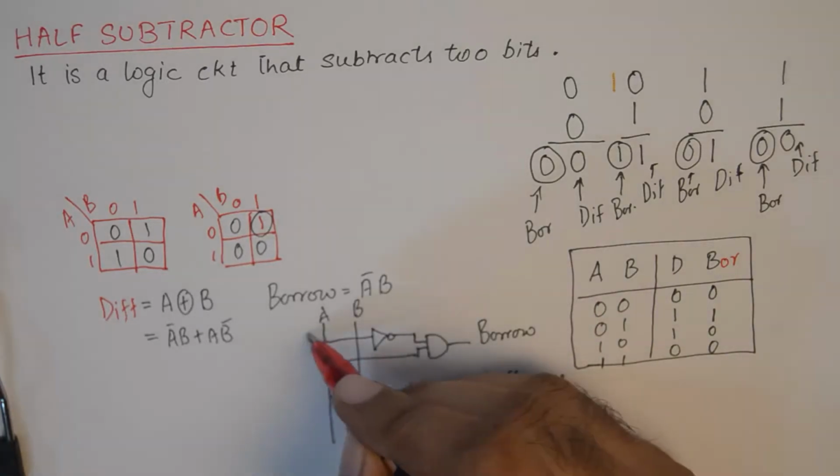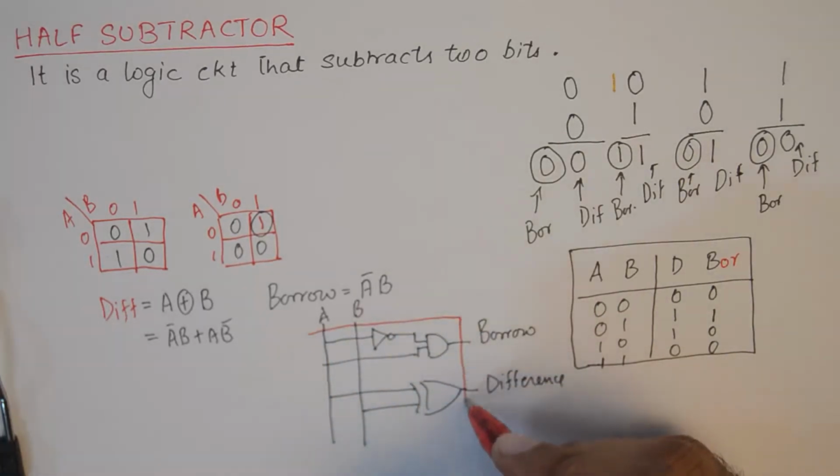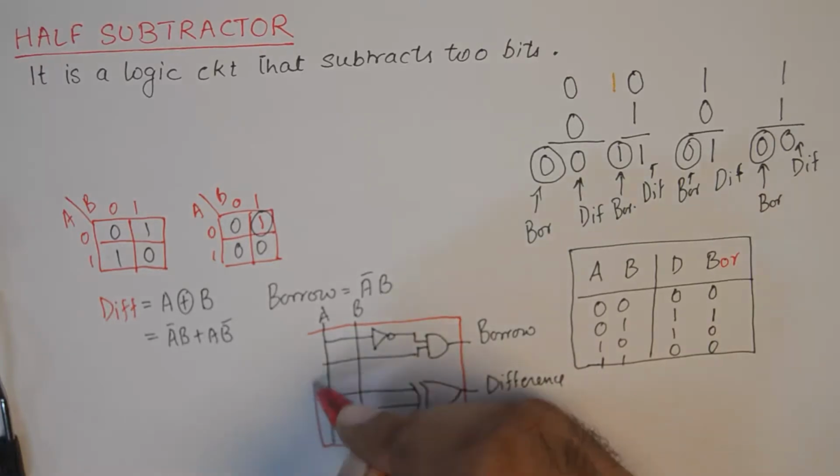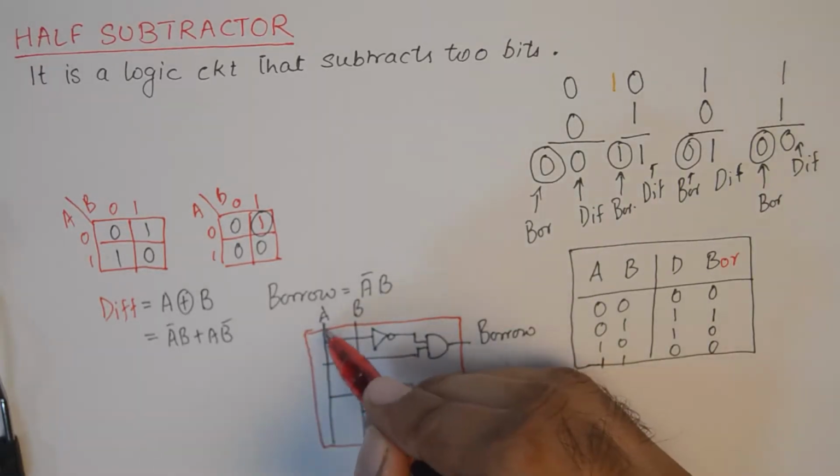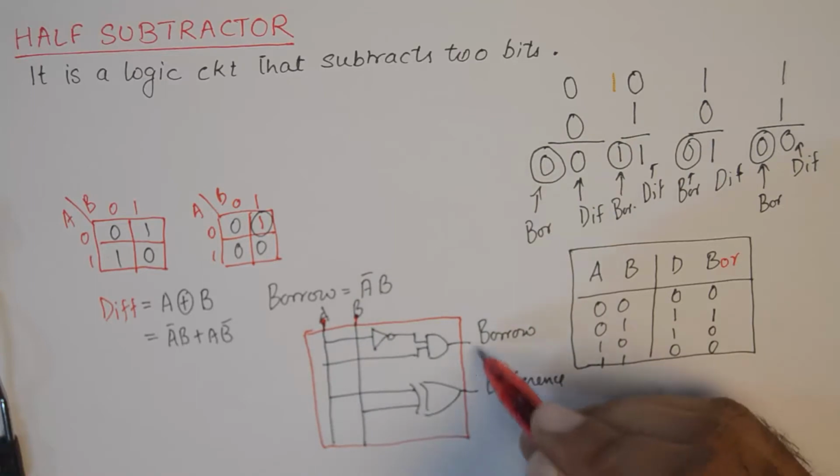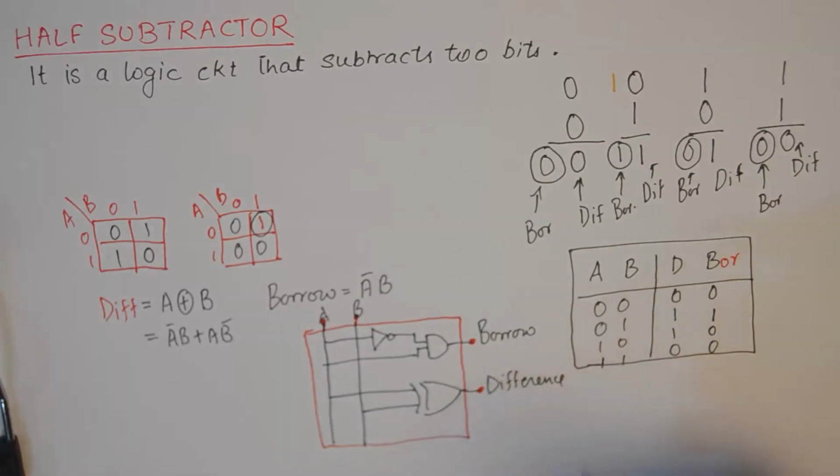And this logical block of 2 inputs and 2 outputs is half subtractor.